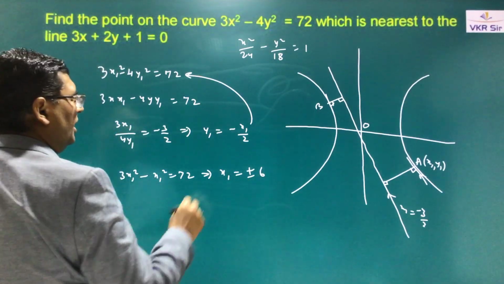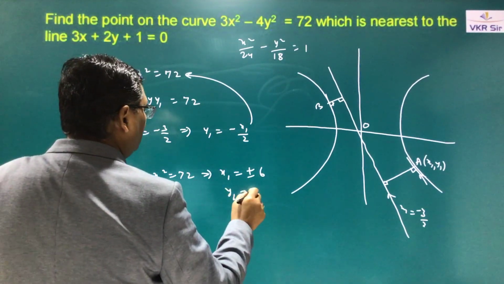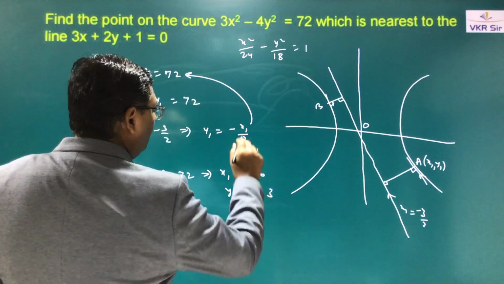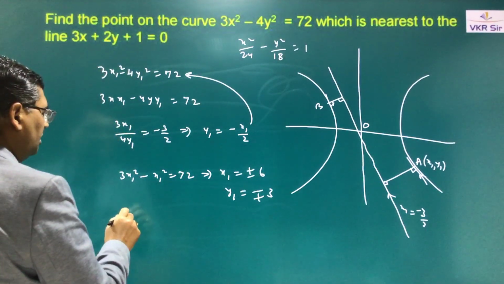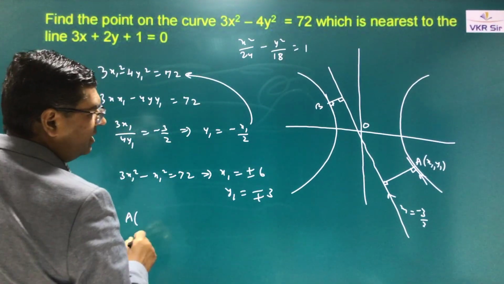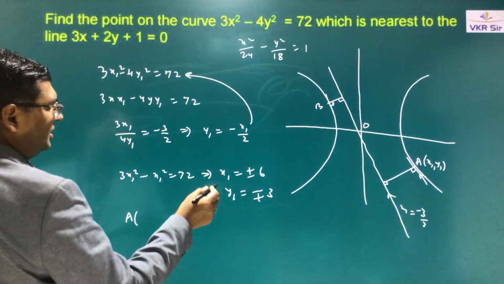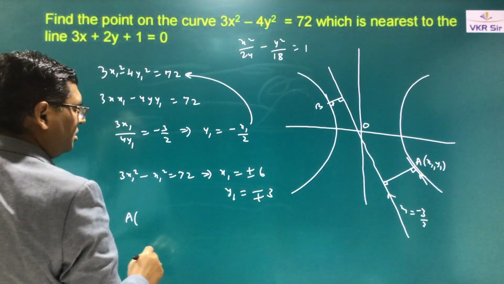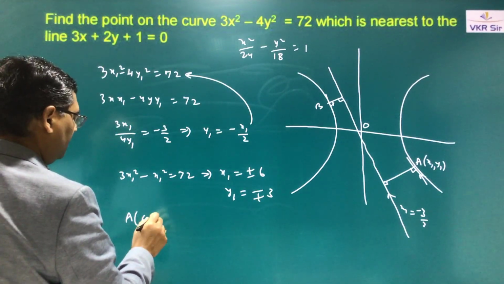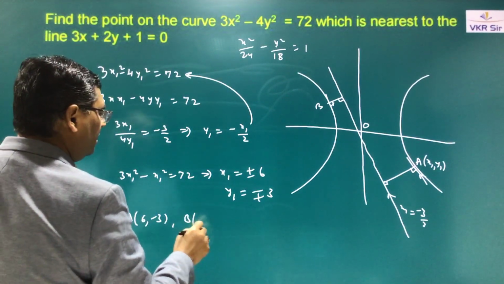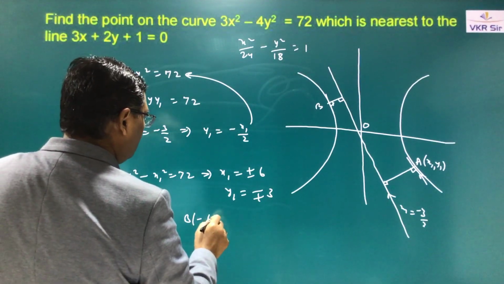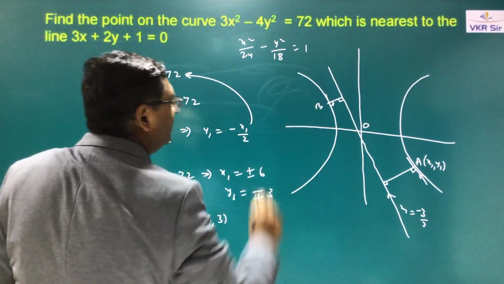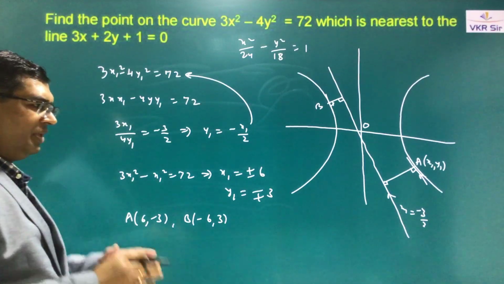All right. And from here we can get y1 as minus plus 3 in order. Okay. So we have created the two coordinates. A is, let's say it's sitting in the fourth quadrant, so it is 6 comma minus 3, isn't it? And how much is B? B is minus 6 comma 3, because it is sitting in the second quadrant according to our figure.